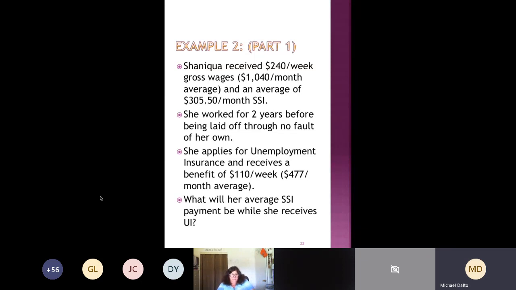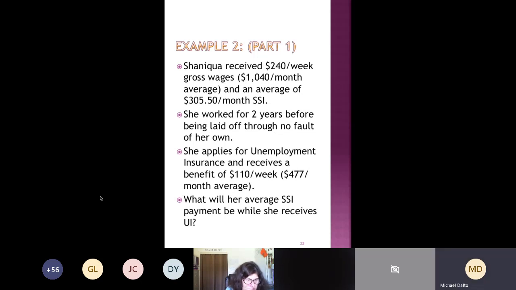So if Shaniqua earns $1,040 a month gross wages, her SSI will be reduced by actually less than $500 a month. So she'll have more money, but her SSI will be reduced. And Shaniqua lives in a state which, like most states, but not all, has a maximum SSI benefit currently of $783 a month for an individual. So after the reduction, her SSI goes down to about $305 a month.